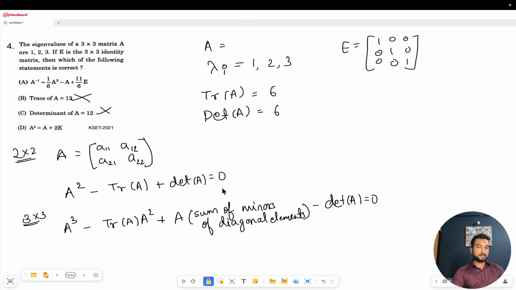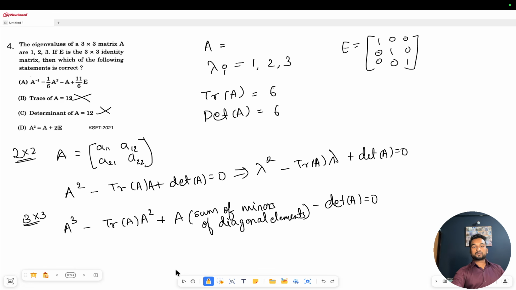Okay, this is the characteristic equation, but what the Cayley-Hamilton theorem says is that you can write it similarly for the eigenvalues also. That is lambda square minus trace of A into lambda plus determinant of A equals to 0.